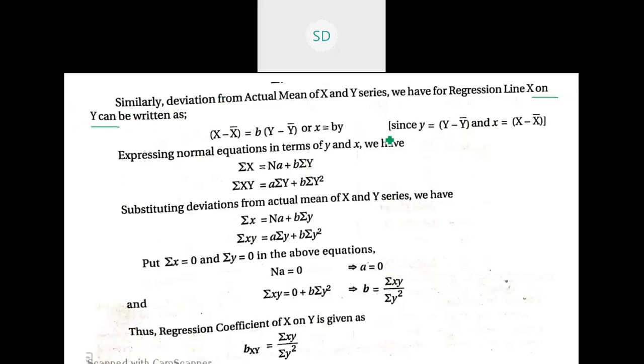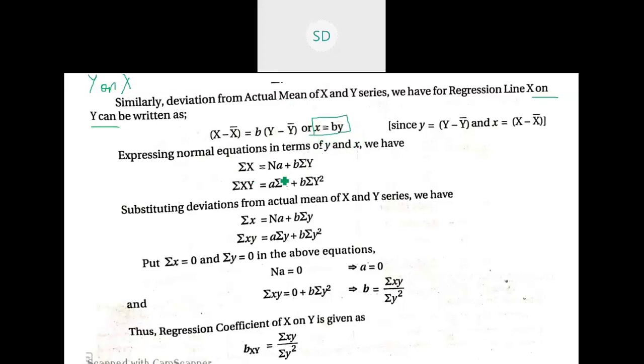So first what we did until now was y on x. Now similarly we have done for x on y. Now for x on y, you will have x minus x bar is equal to b into y minus y bar. Now here the simple equation will become x is equal to by.